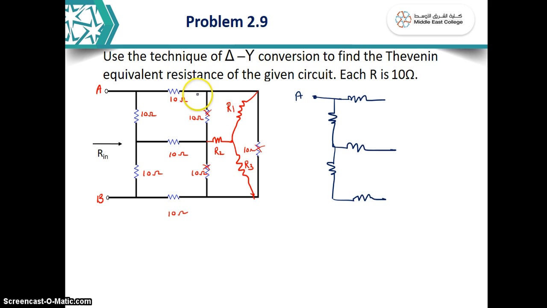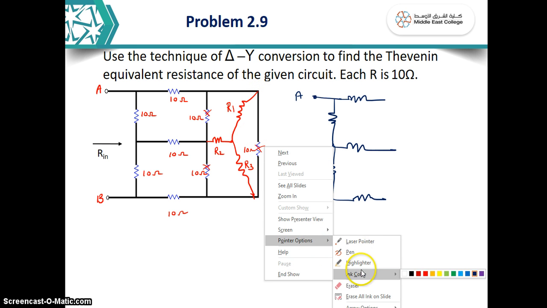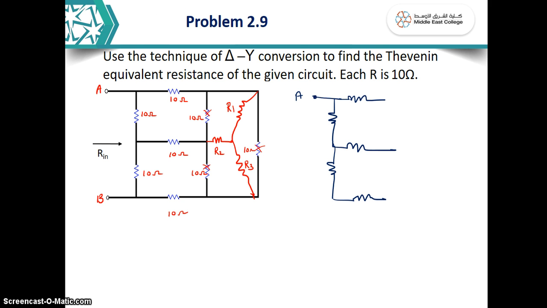Now you have been added here. This is not there, this is not there. Instead we have R1, R2, R3. From this point, between these two resistors, I have connected R2, to this 10 ohm resistor I am connecting R2.